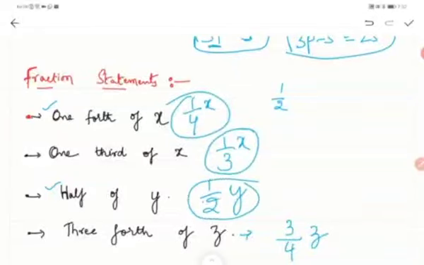Okay, 1/4 of x is 10. If I say this, you will take it as 1/4 of x is equal to 10. This becomes your equation. So depending on the statement, if they are saying something is equal to something, that becomes your equation.